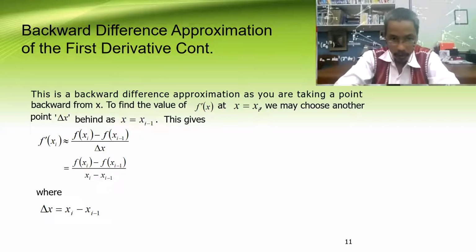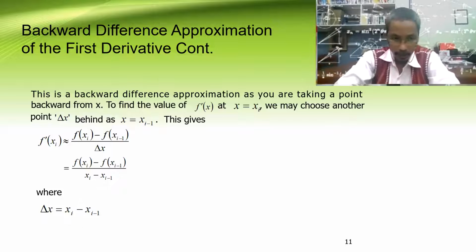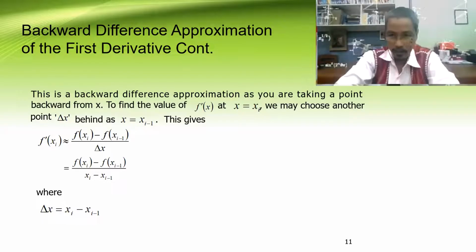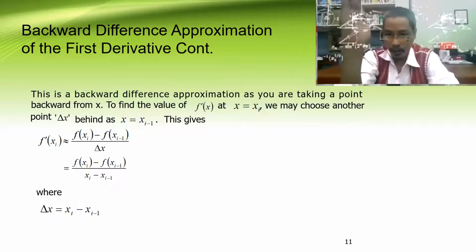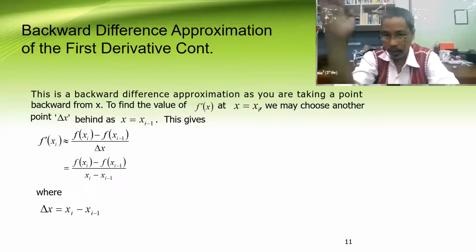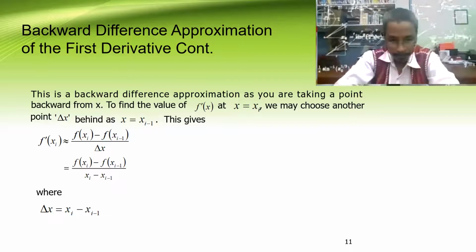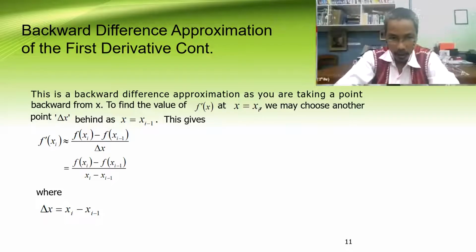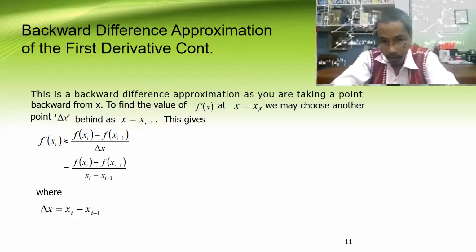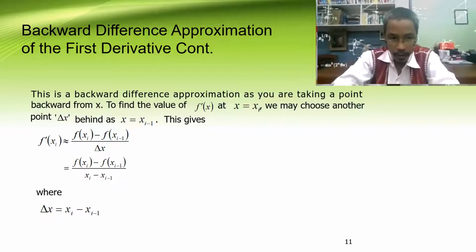This is a backward difference approximation as you are taking delta x backward from x. So we have the value of x, delta x that is positive going forward, and delta x that is negative going backward. To find the value of the first derivative at x equal to x_i, we may choose another point a delta x behind.